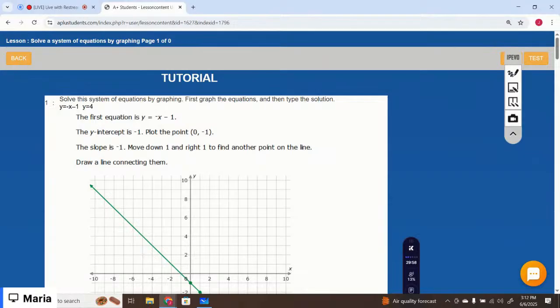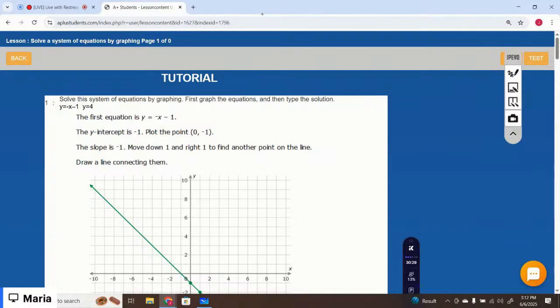The equations are y equals x minus 1 and y equals negative x minus 1, and y equals 4. So we need to find the x-intercept and the y-intercept of the equation. The y-intercept is when x equals 0, that is (0, negative 1).